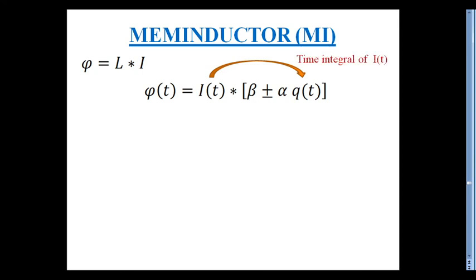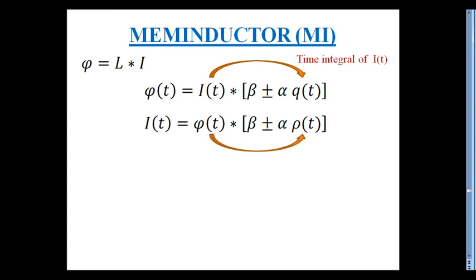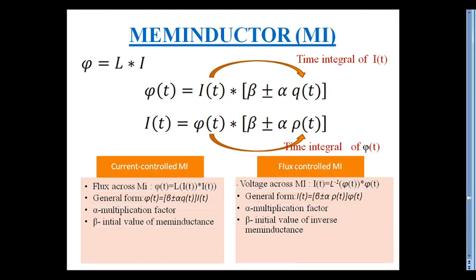Similarly, we can write It equals to phi t times beta plus minus alpha rho t. Then we are taking the integral of phi t. So this is the meminductor, two equations. The first one is the current control and the second is the flux control equation. In current control, beta is your initial value of meminductance, and in flux control, beta is the inverse meminductance. So this one is current control, flux control.